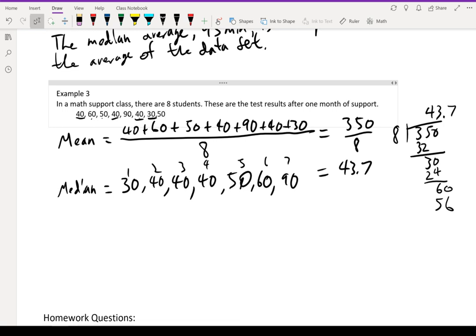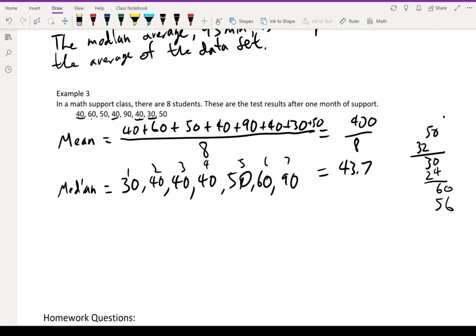I said 8 students, so I needed to add another 50, so that becomes 400. That makes it a very good number to divide. 400 divided by 8 is 50. That's very good.